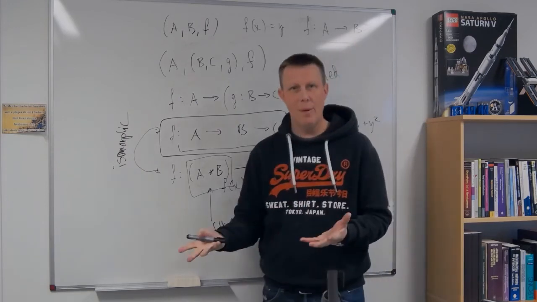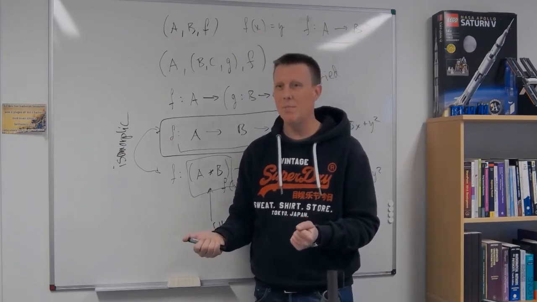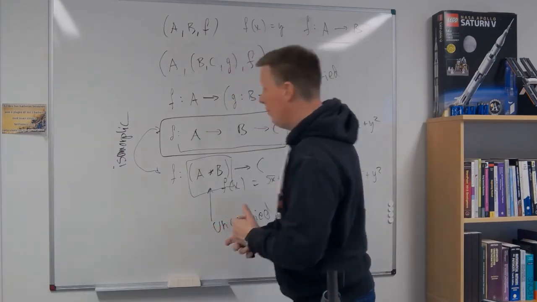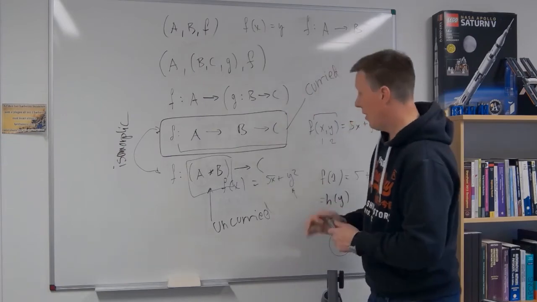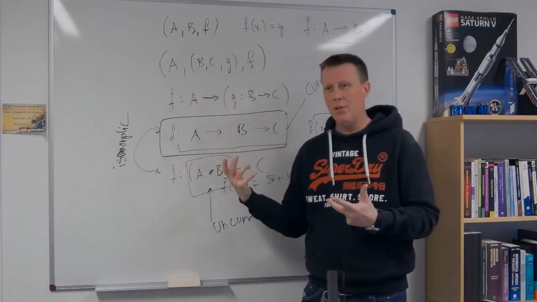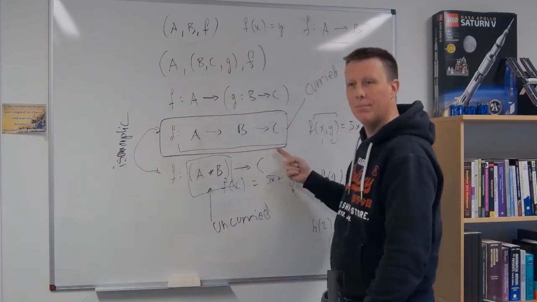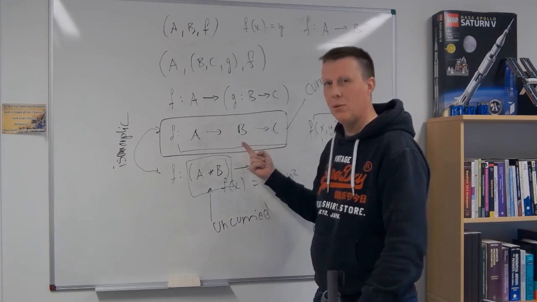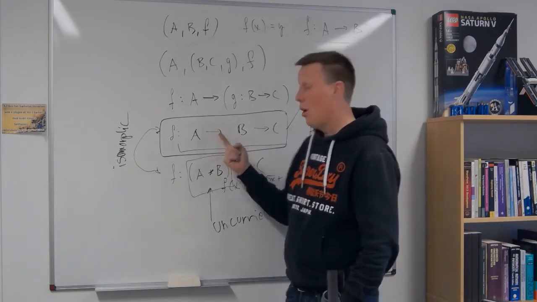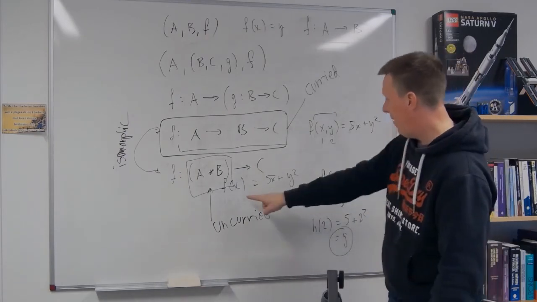So which one should we prefer? Does it matter? Why is this important? Well, one of the cool things that we can do in functional programming, which is kind of sort of weird for non-functional programmers, is that we tend to prefer this form, because we can do something called partial application, which is exactly what I did here when I said f of x.